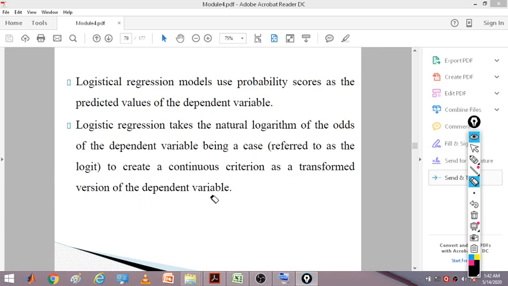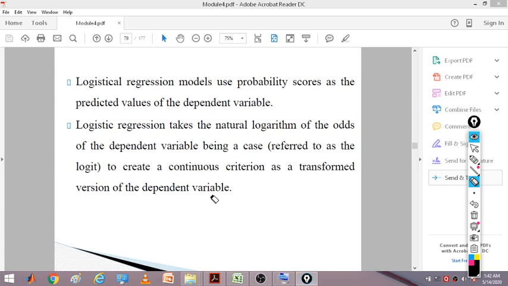In linear regression, the output variable is continuous: y is a function of x. The function of x can be a straight line, a curved line, or any polynomial, but y will be continuous values.